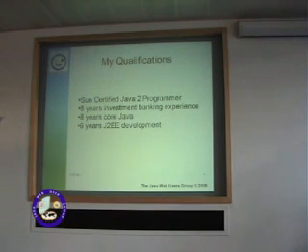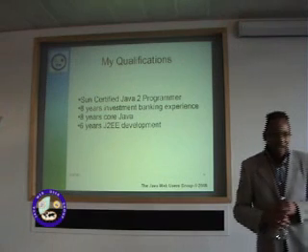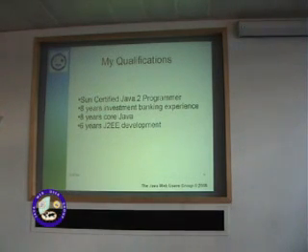They had EJBs already written for them, and they were using JMS, they were using WebLogic, and the way that some of the internal libraries were written, I felt could really lend a hand with the Spring Framework.